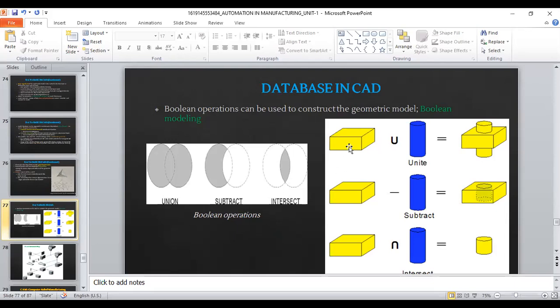Okay. So you see, when I say union of this entity, it basically unites them, makes them like this. Now you have this. After the union operation is performed, you have this. It results in this. If I take the same entities and perform a subtraction Boolean operation, if I am doing A minus B, then it will take A and subtract B out of it.